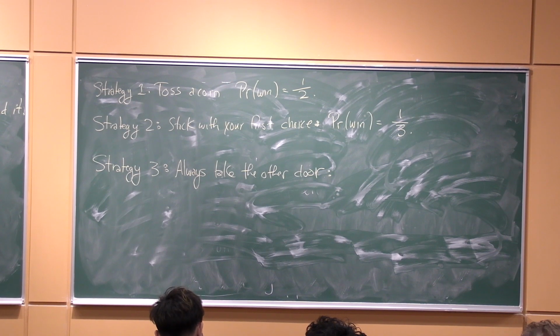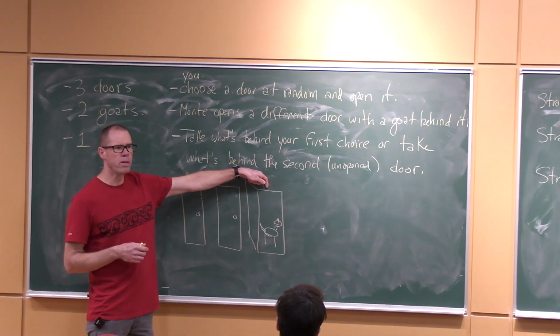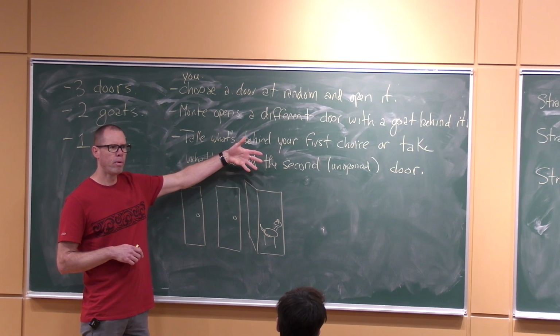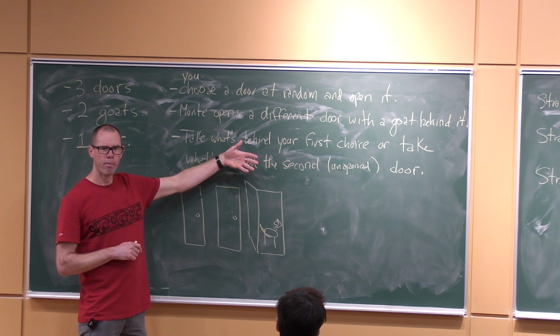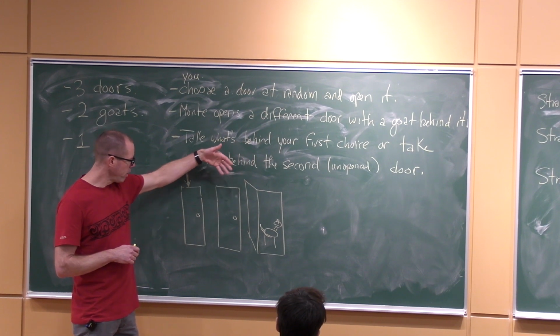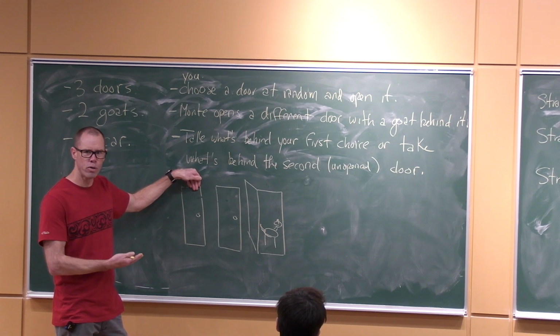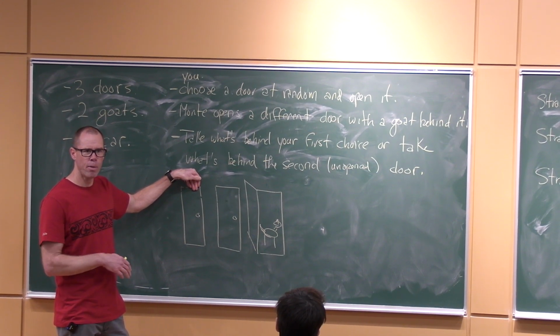So I pick this door, Monty shows me this door, and then I open this one. What does that mean? Where's the car? Yeah, it means that the car is behind the door that I chose first. That was a random door.